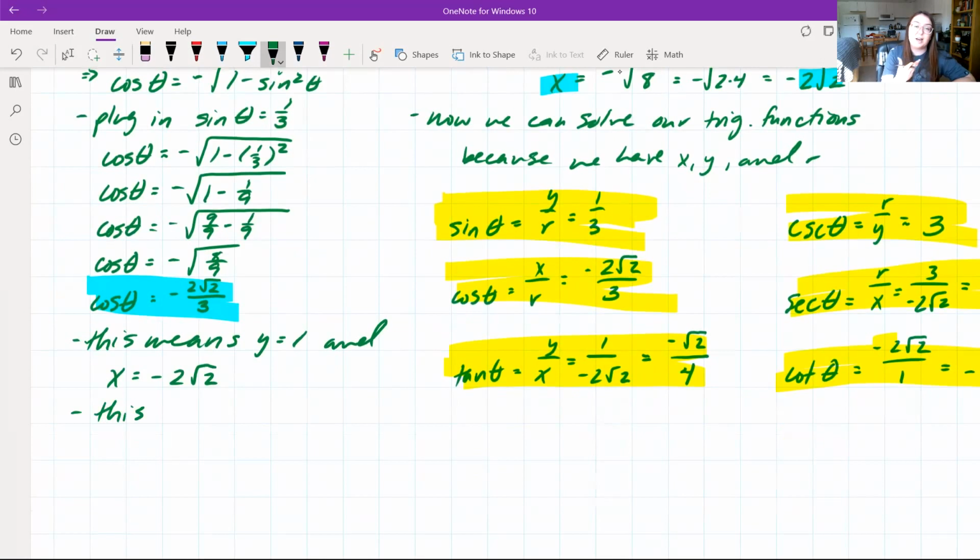Since we got the same values of x and y, this results in the same identities as in method 1.